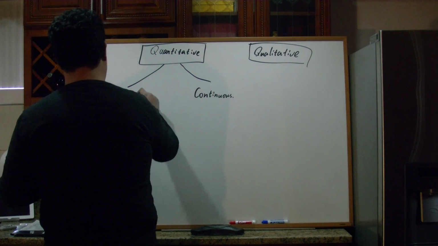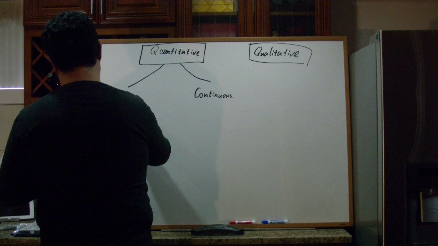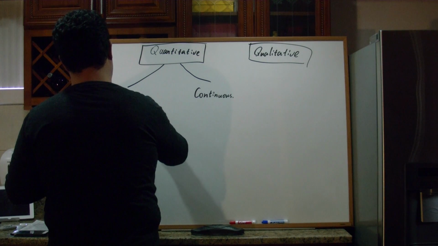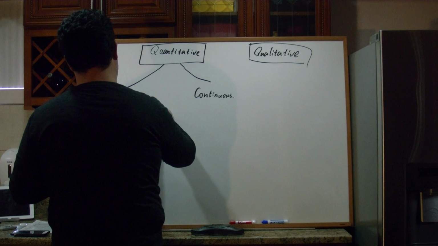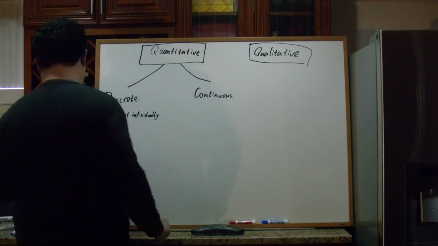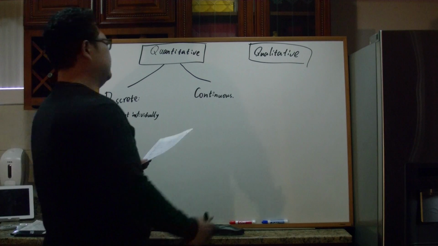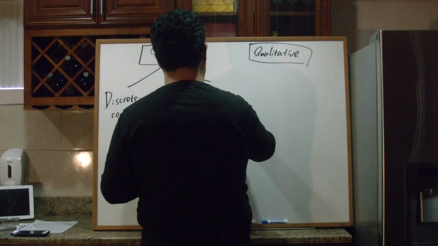How we separate them is that discrete data can be counted individually, and continuous data simply is not countable.